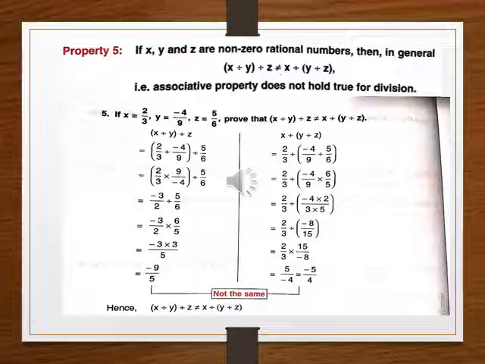Now change the order. x divided by, in the bracket, y divided by z, means we have to solve the bracket first. So take the reciprocal again, it becomes 6 by 5. See here, nothing gets cancelled. No, something gets cancelled. Yes, 6 by 9. So 6 and 9 get cancelled with 3. So minus 4 by 2, 4 into 2 and 3 multiplied by 5.